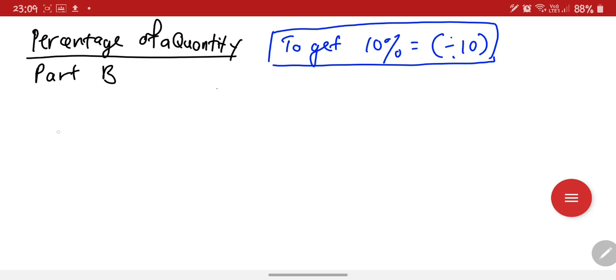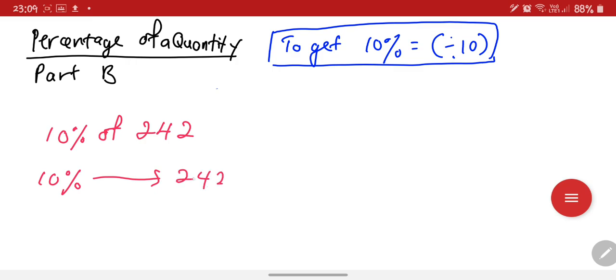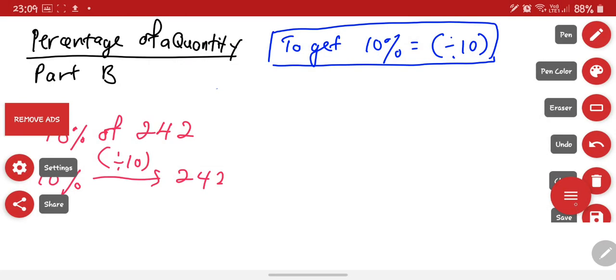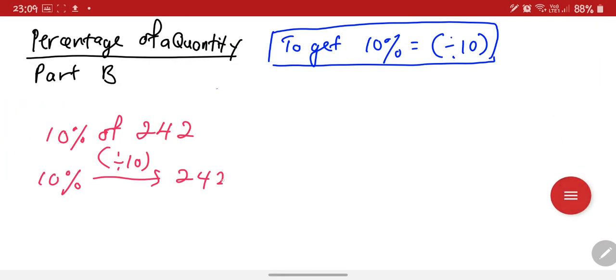Now let's say my question is 10% of 242. Like I said, if you want 10%, you have to divide the number by 10. How do you divide? You move the decimal. Where's the decimal? It's a whole number, so it's behind the 2, and you move one step to the left.